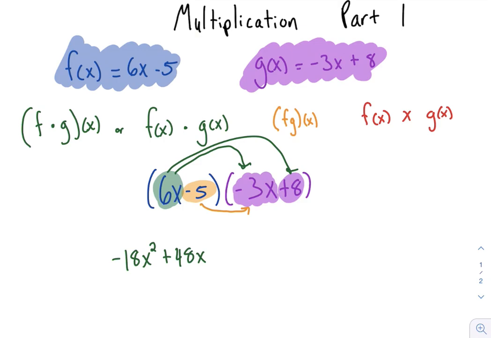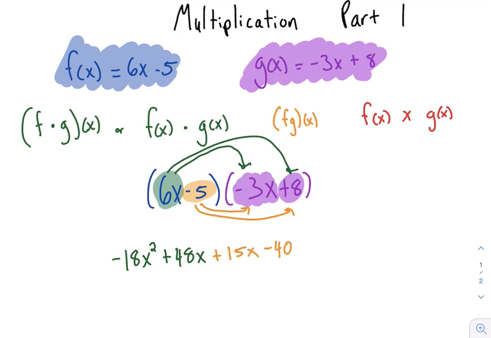In this case, a negative times a negative is going to give us a positive. And multiplying the coefficients, negative 5 times negative 3 is a positive 15. And since the negative 3 has an x, it's going to stay and go to a plus 15x. And then the negative 5 also gets multiplied by the positive 8, which gives us negative 40.